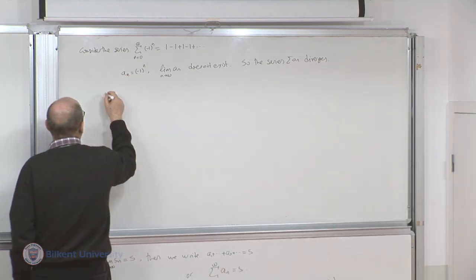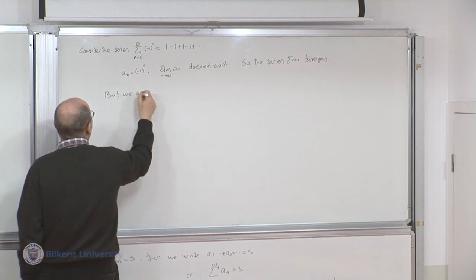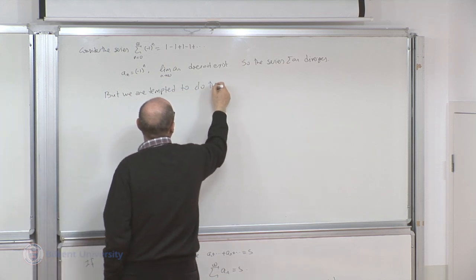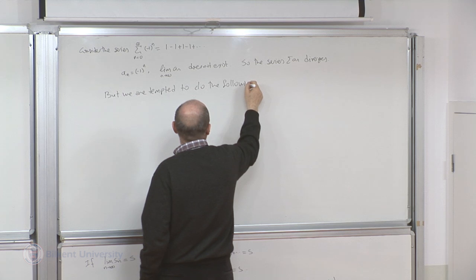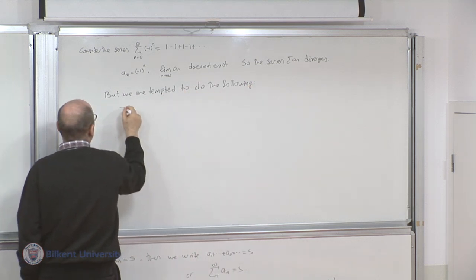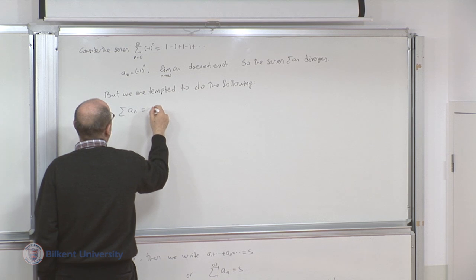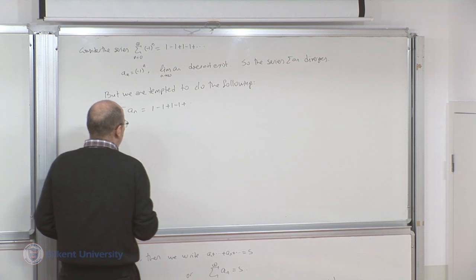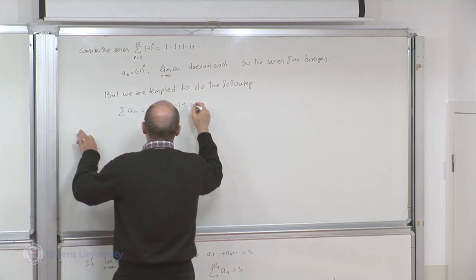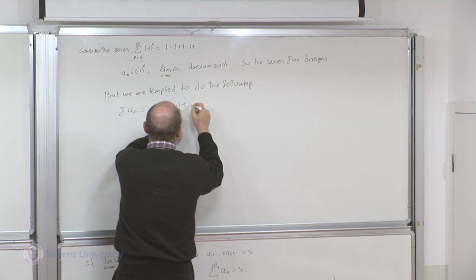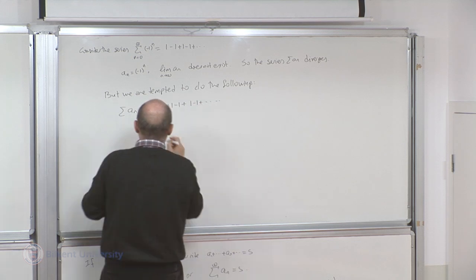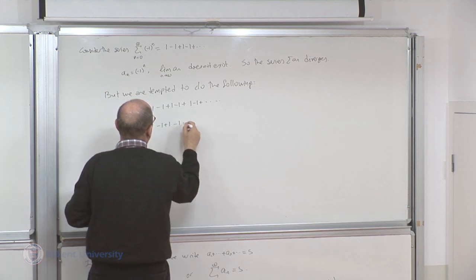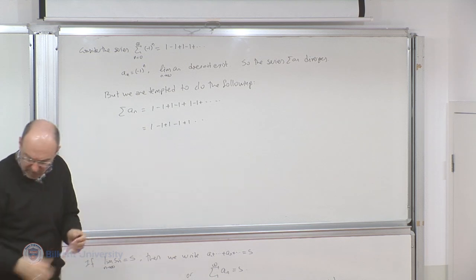But we are tempted to do the following. Summation an is equal to 1 minus 1 plus 1 minus 1 plus 1, and I'll write a few more of these terms, so this goes on like this, plus 1 minus 1 plus 1.